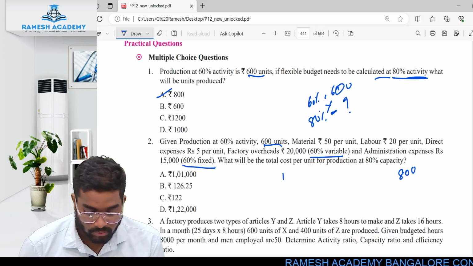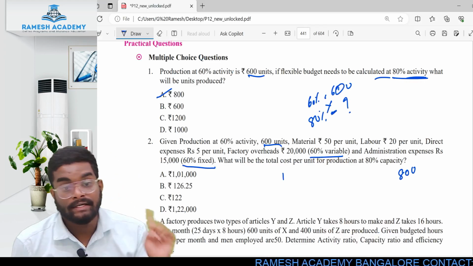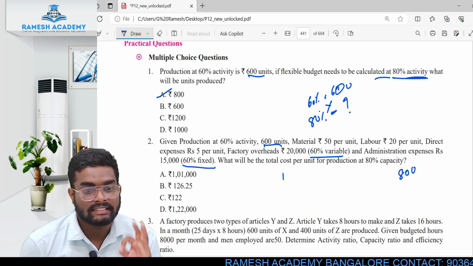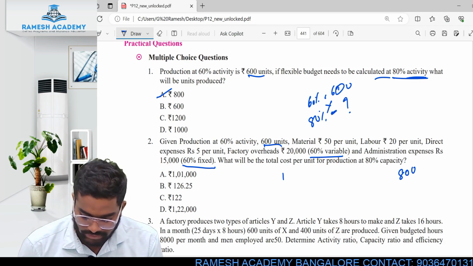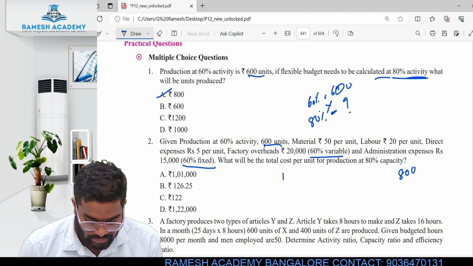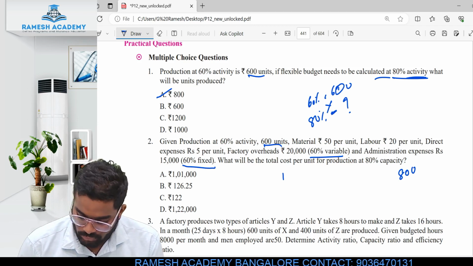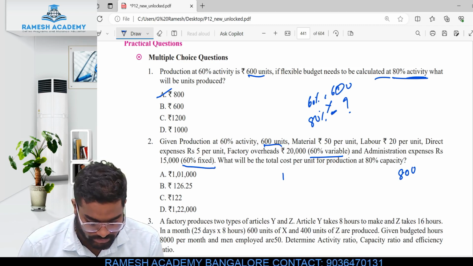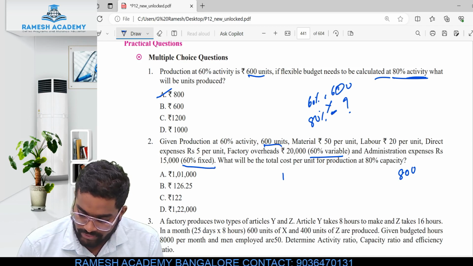The material cost is 50 per unit into 800 units, because we have to calculate the cost for 800 units. So 50 into 800 is 40,000. Next we have labor at 20. So 20 into 800 is 16,000. Then direct expenses is 5 rupees. 5 into 800 is 4,000.